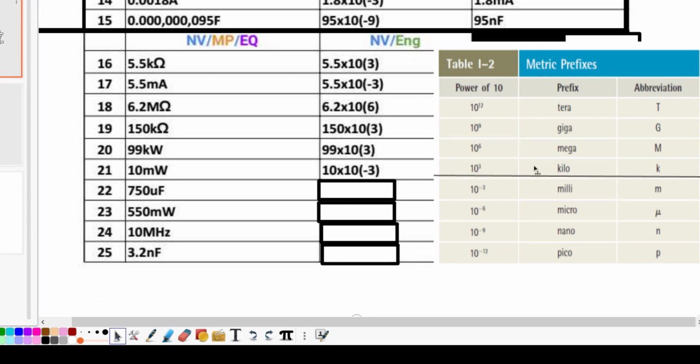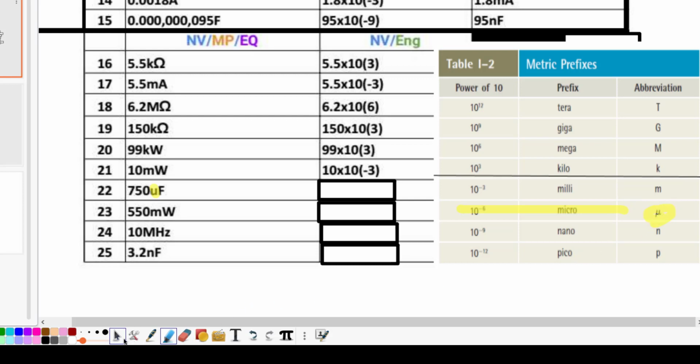All right, I went ahead and pulled the chart down for reference. Okay, number 22, 750 microfarads. So I'm going to keep the 750. I look at this U right here, and that tells me micro.